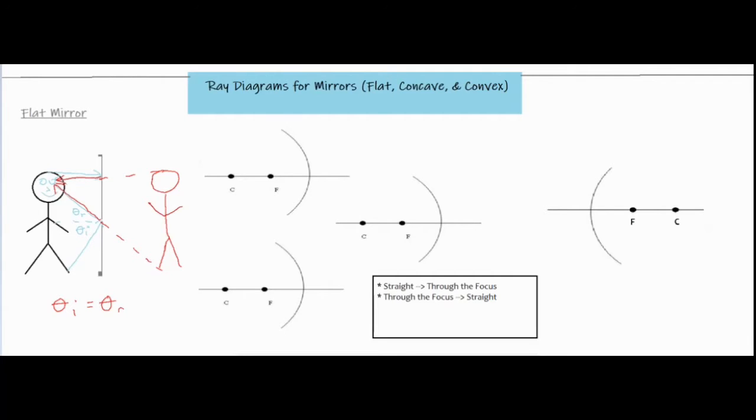And we call this a virtual image because we see something that is behind the mirror where the light isn't actually collecting behind the mirror. So that's called a virtual image because it's on the opposite side of where the light is actually coming from or bouncing around.